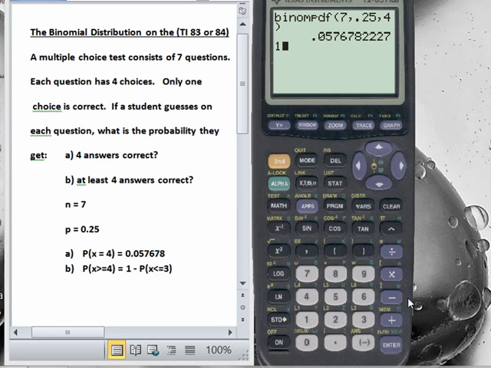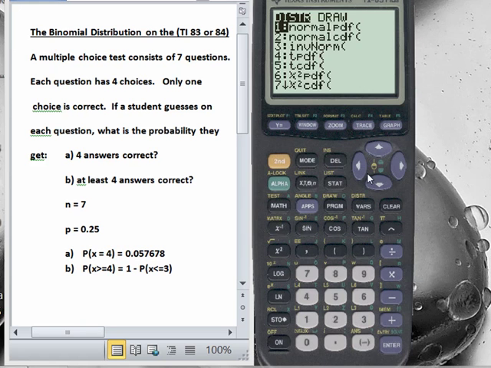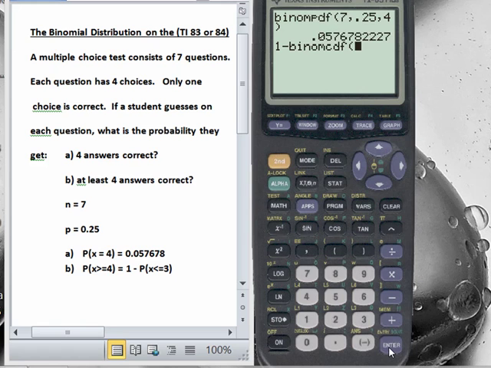So we'll do 1 minus, we go back again to 2nd VARS, and you scroll down to binomCDF this time. CDF for cumulative. Hit enter. We put in number of trials 7, comma. The probability of a success is a quarter, 0.25, and we want to know the accumulated probability up to and including 3. So what's this going to do?